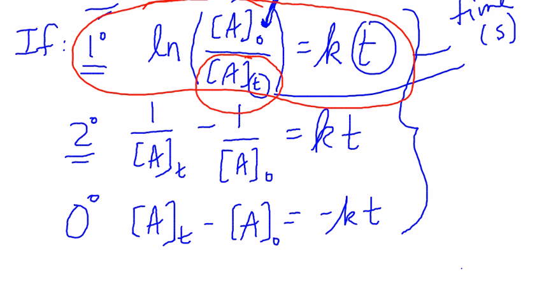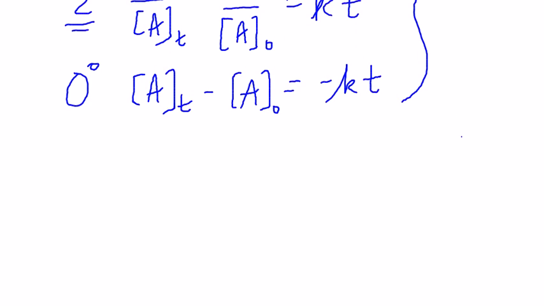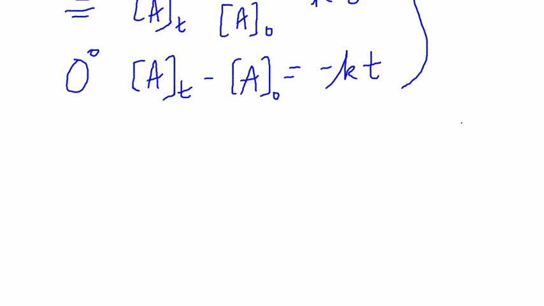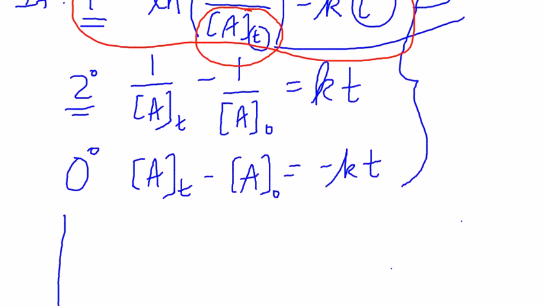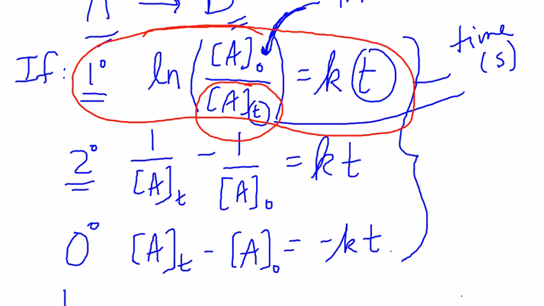If you look at these different expressions, one of the things you'll notice is that graphing the original data can lead you to which of these you might use. If we're looking at the first order reaction, the natural log of A naught divided by A at time t is equal to kt.